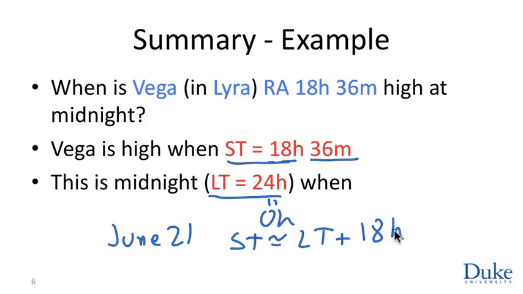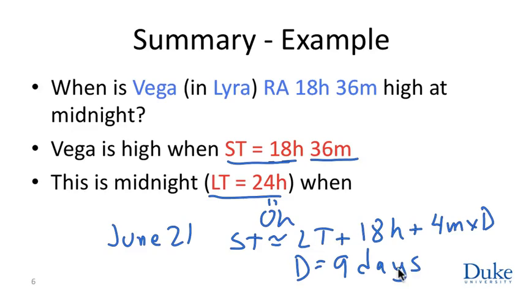And so if we wait D days later, sidereal time will be local time plus 18 hours plus 4 minutes times D. If we want 4 minutes times D to be 36 minutes, D is going to be 9 days. And Vega will be high overhead at midnight, 9 days after June 21st, on or about June 30th.